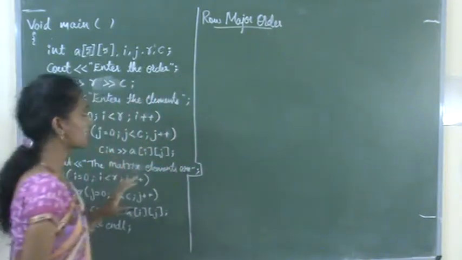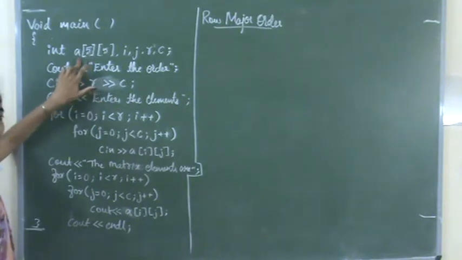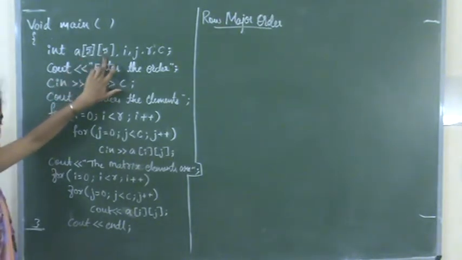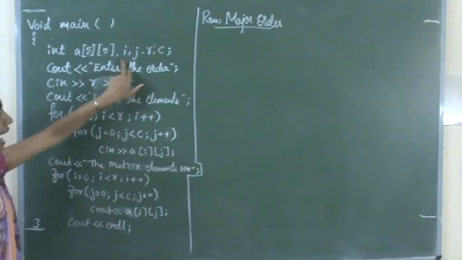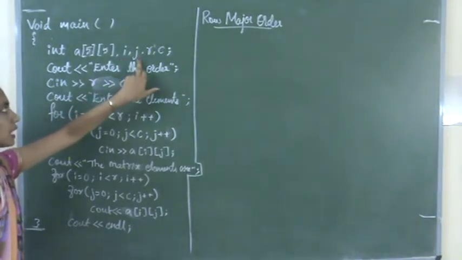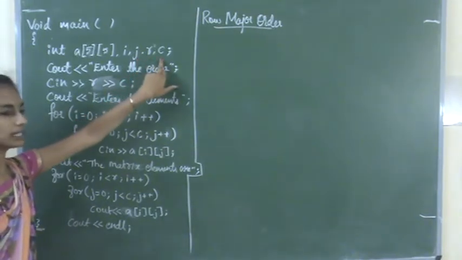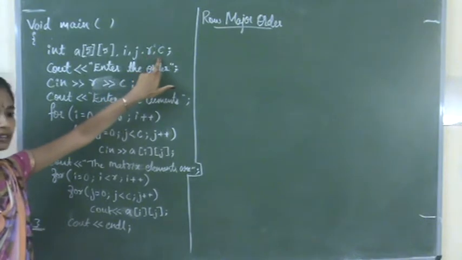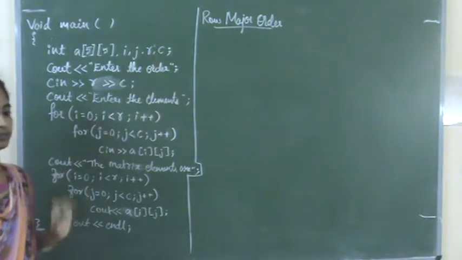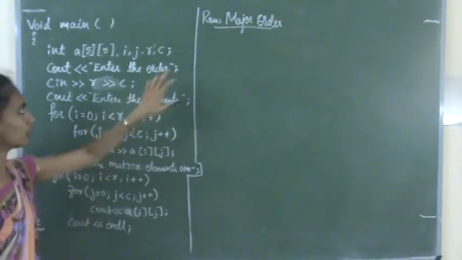So in row major order, suppose consider this example. I declared array A, which is a two-dimensional array. I declared I for storing the row index, J for the column index, and the row order and then column order. You can take m, n or c, whichever variable you feel good with.